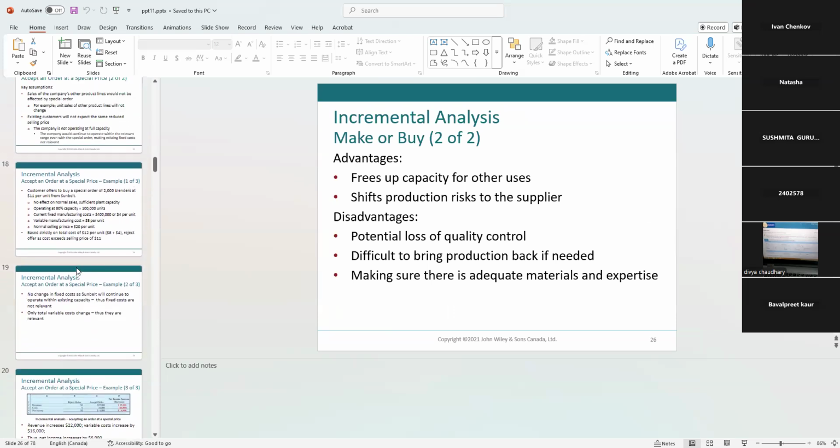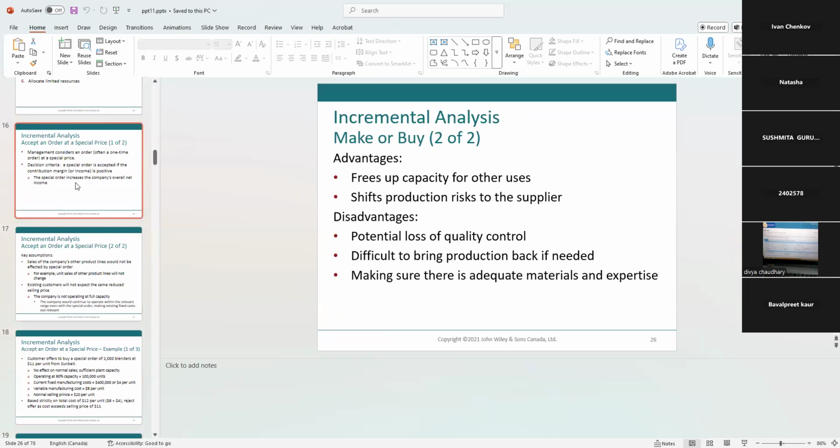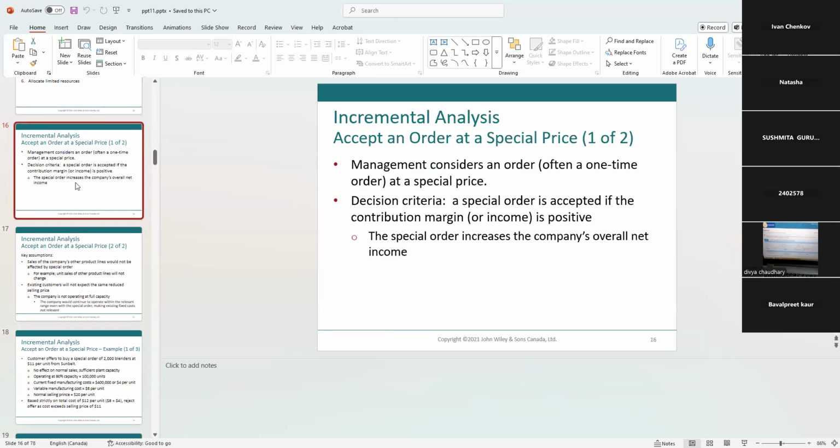Question number 6 is going to be on the special order. Should I accept this special order or not? Now, on the special order, the decision criteria is as long as the special order that you're making and getting the revenue contributes to the income, obviously, in order to contribute to income, it has to contribute to the contribution margin.